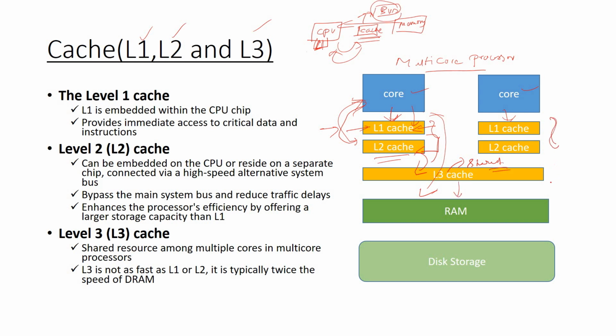This way, L1, L2 and L3 cache store the recently executed instructions and corresponding data so that the CPU or the cores can fetch those instructions and data directly from the cache instead of RAM. So these different types of cache enable better performance of application execution within the computer.